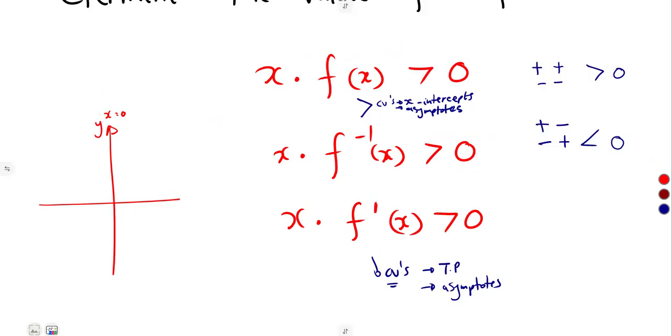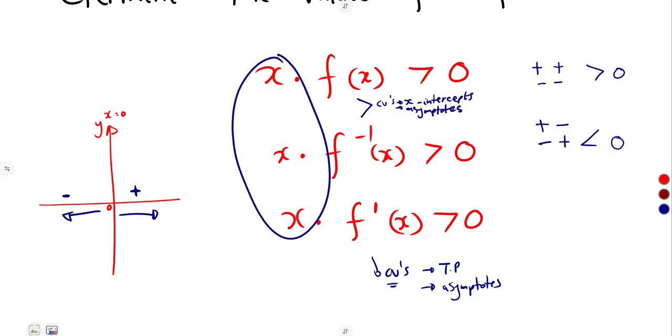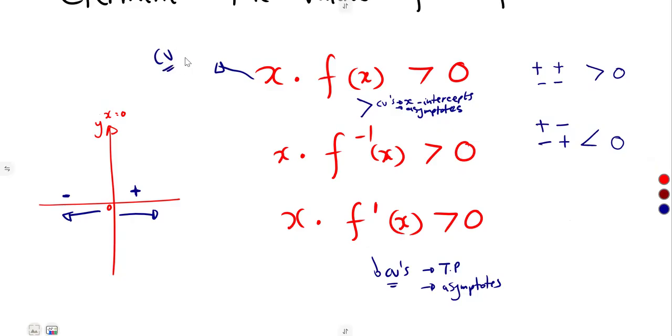It differentiates our x values: on the left side, our x values are negative. On the right side, our x values are positive. So the critical value is going to be the line x is equal to 0, which is our y-axis. You must consider that.